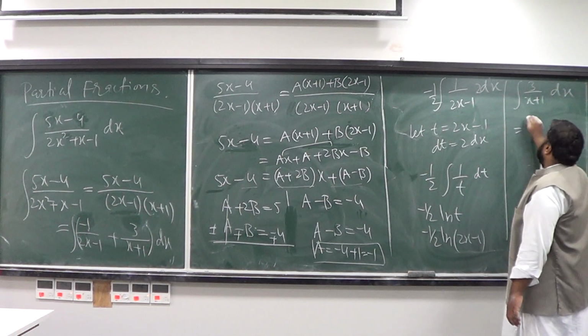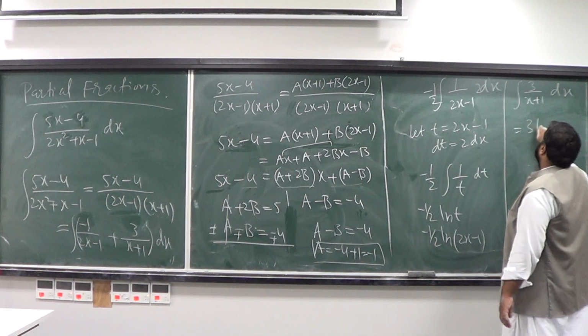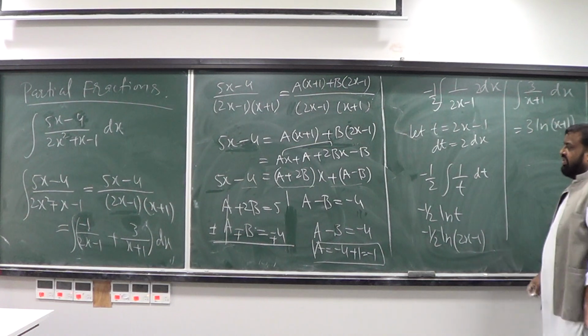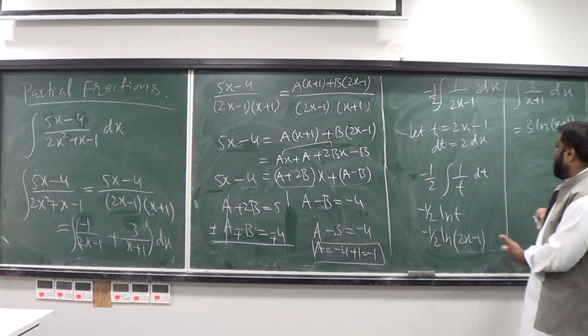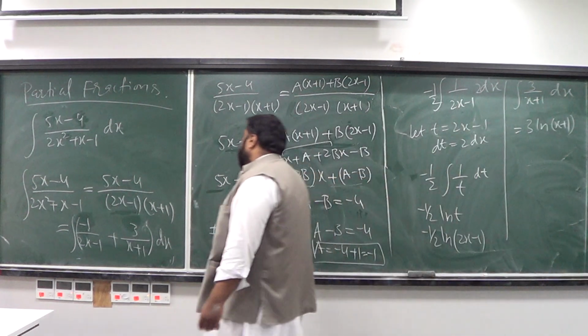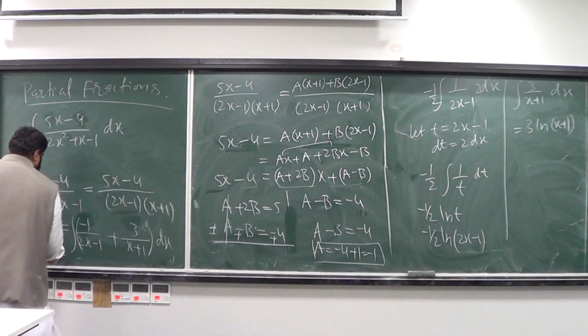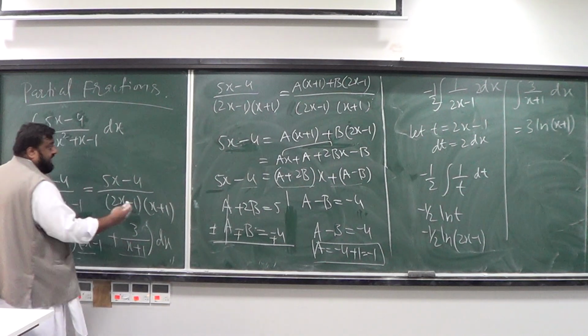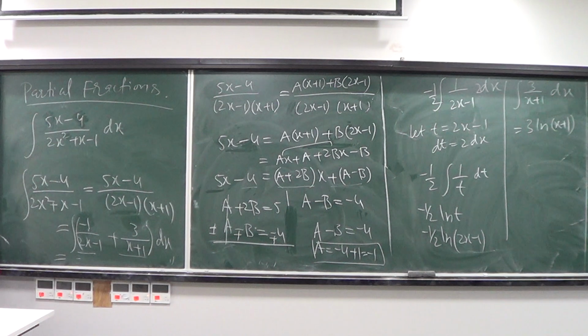You can check by the same thing that this is going to be 3 log of x plus 1. Once you have this, just substitute the values of this integral and this integral, and you're going to get your required integral.